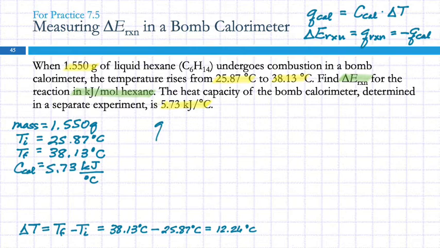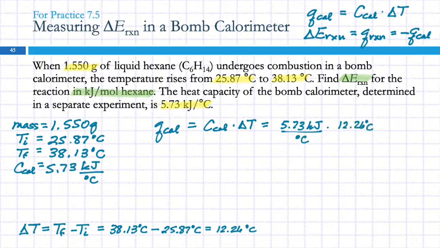So then Q for the calorimeter, the amount of heat, here we can assume it's absorbed because combustion, right? The temperature went up, is equal to C for the calorimeter times the change in temperature. C for the calorimeter was given to us, 5.73 kilojoules per degree Celsius, times the change in temperature, 12.26 degrees Celsius.